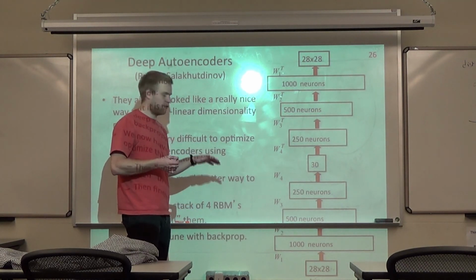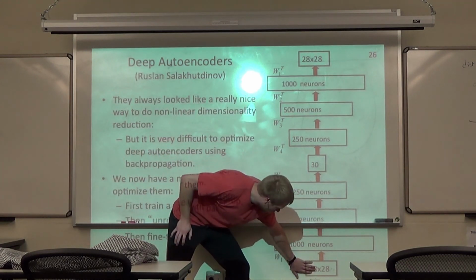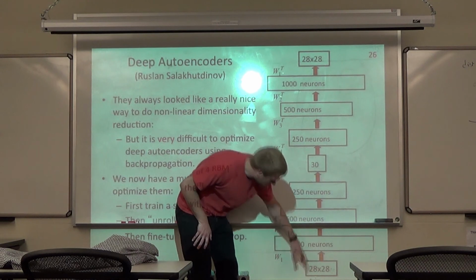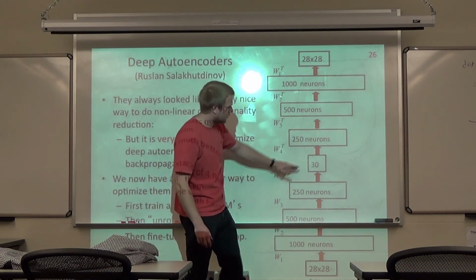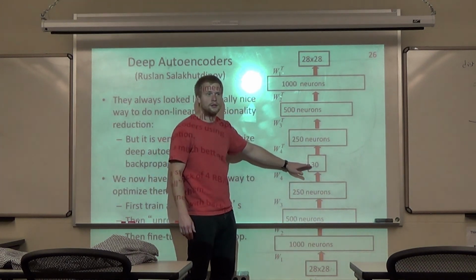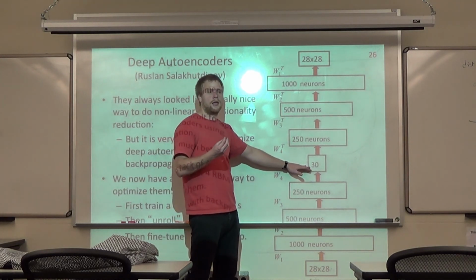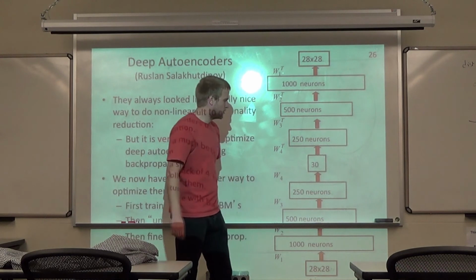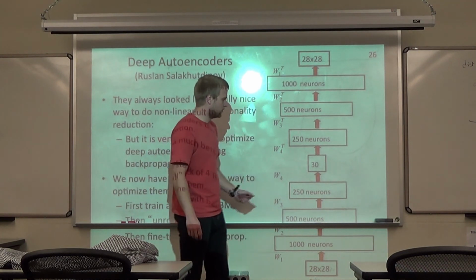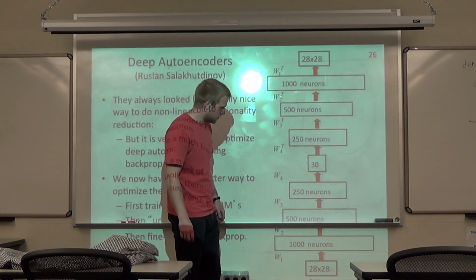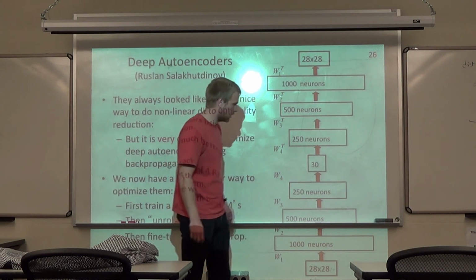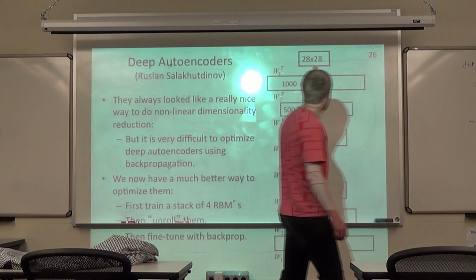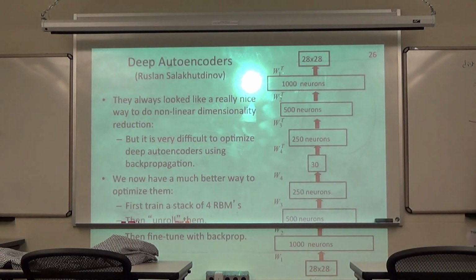If you have one image here and it reconstructs it, and then another image which is different and it reconstructs it well, that means that when it was here it had to be different. So this layer is somehow able to distinguish between different images. And so you can use something like this as a dimensionality reduction technique.